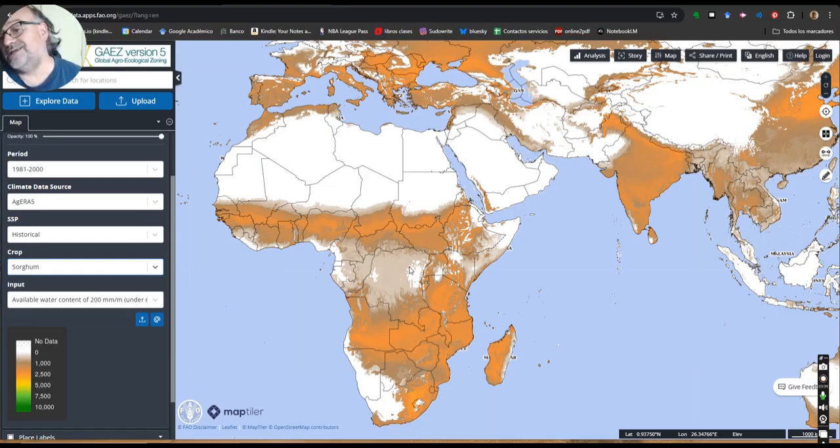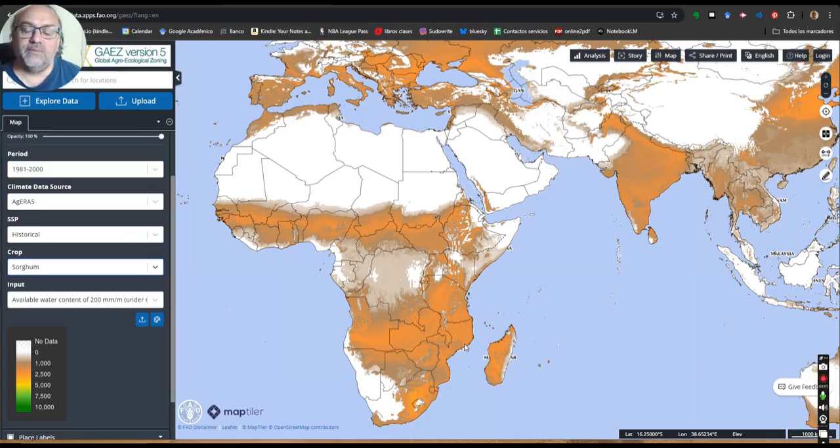So what is the agriculture potential for Africa? Probably in the early stages of history, it was this, really. But this tool also helps you to understand how this potential changes over time.